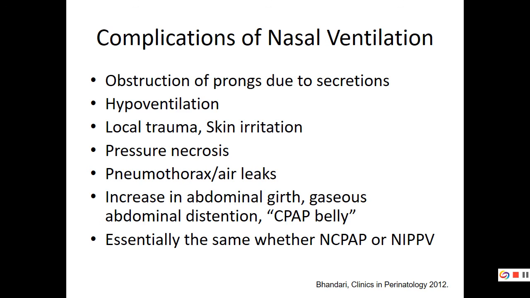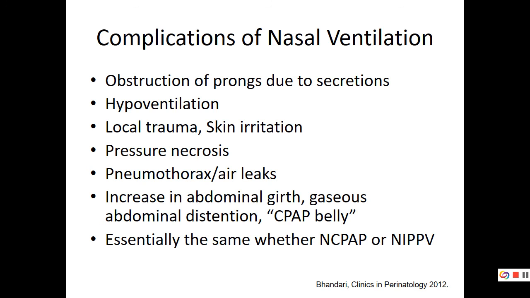Let's see, complications of nasal ventilation. You have to be very careful with the patient interface, all those different interfaces I showed you, because we can actually do a lot of damage. The prongs can get obstructed. The babies can hypoventilate. You can have local trauma to the skin or soft tissue, pressure necrosis. There can be pneumothoraces.